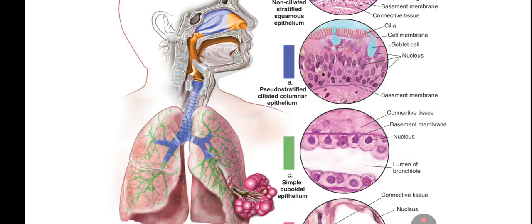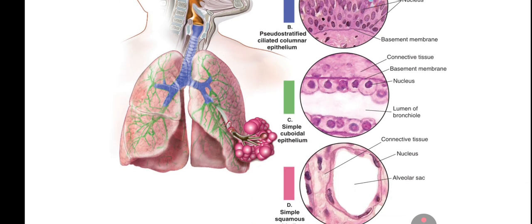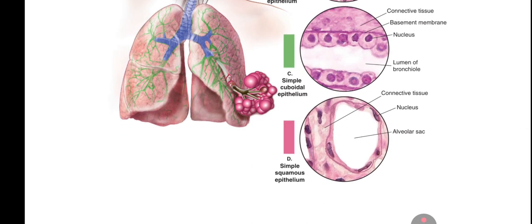And then we have pseudostratified ciliated columnar epithelium again in the trachea and the bronchi, the tracheobronchial tree, in other words. Then we have our small bronchi, bronchioles, and then here's our alveoli, which is the pink one.